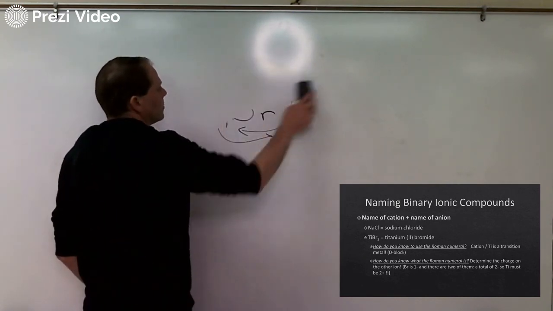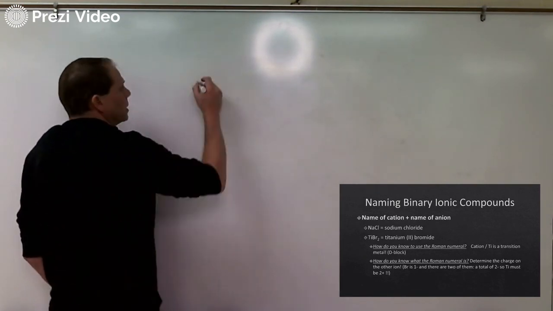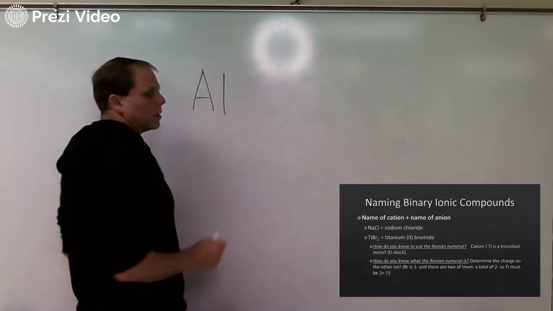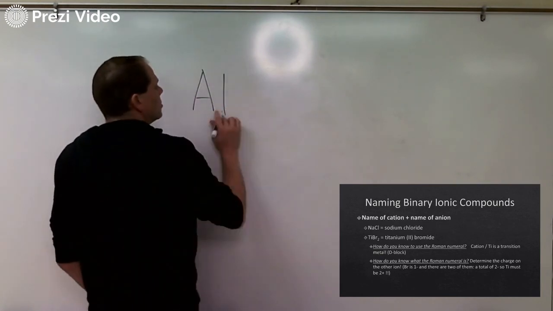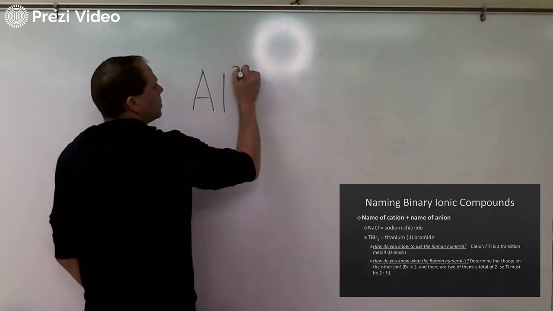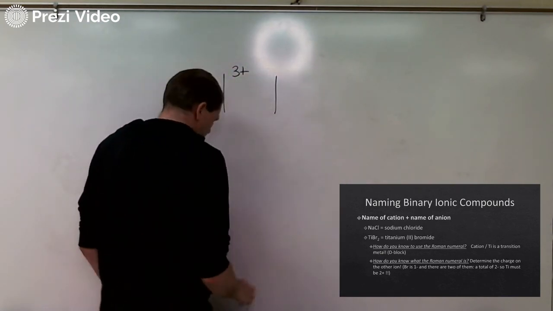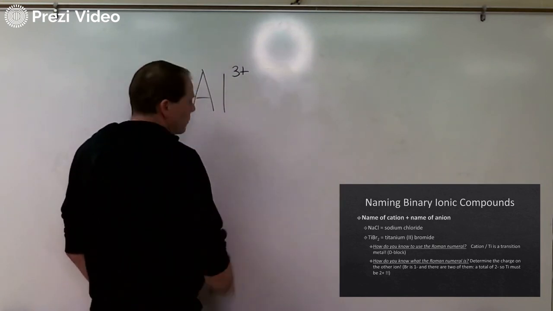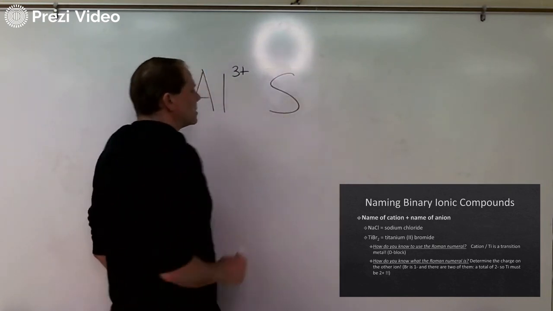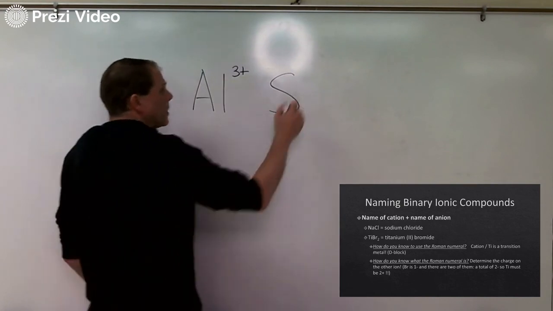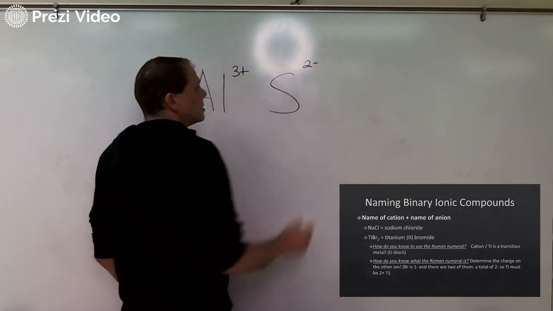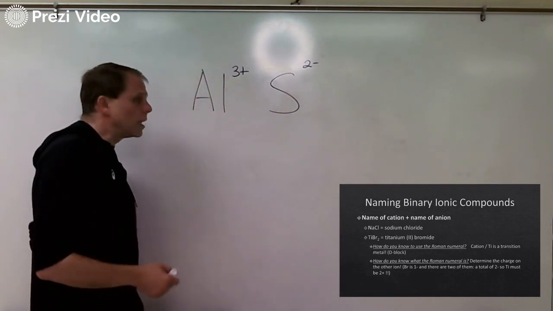Let's try another one. Let's take aluminum. Look on the periodic table and tell me what aluminum's charge is. Aluminum's charge is 3+. And now let's take sulfur. We don't want to put 2 metals together, right? Let's take sulfur and look at its charge. Sulfur has a 2- charge, right? Because it wants 2 more electrons.